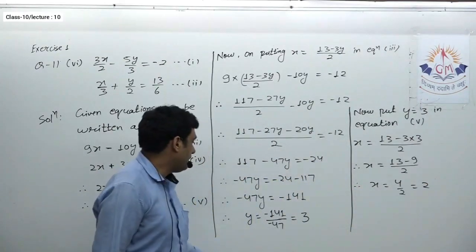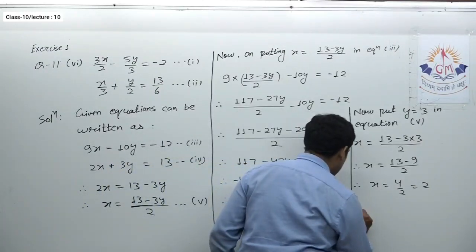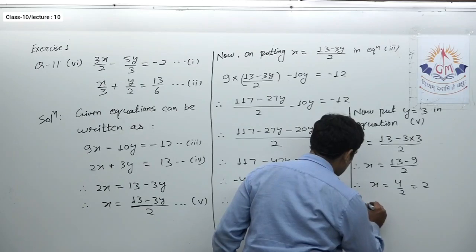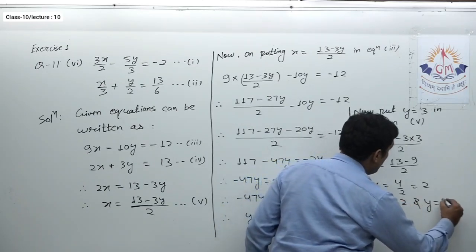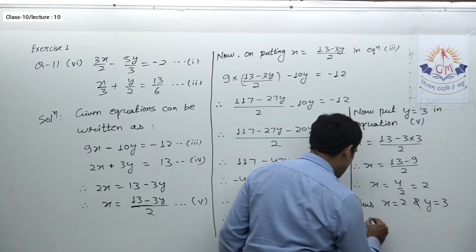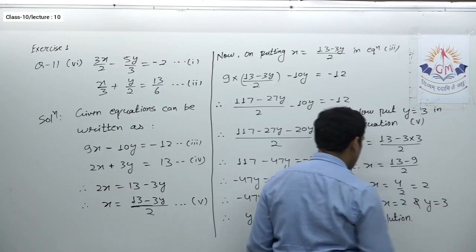So now I can write the concluding statement. Thus x equal to 2 and y equal to 3 is a solution of the given pair of linear equations.